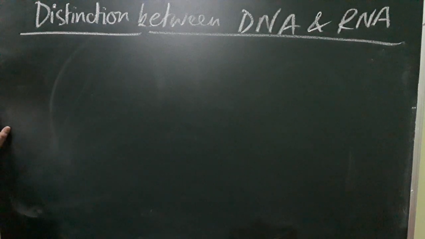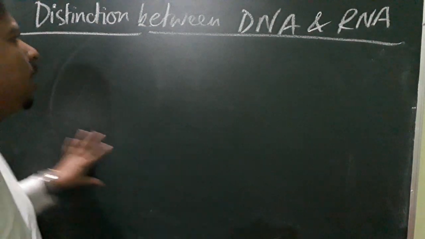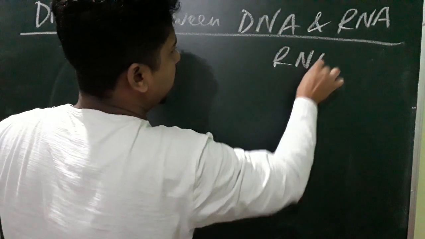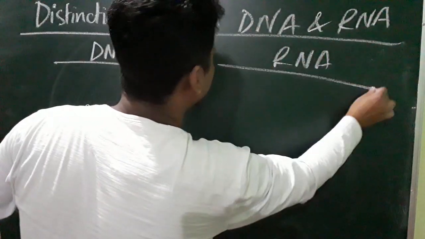We know there are various differences between DNA and RNA. Suppose here we have DNA and here we have RNA. There are some common differences between them.